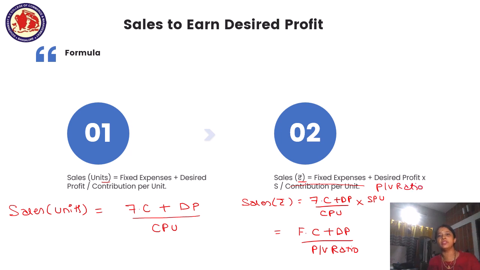So if you divide by PV ratio, you will get sales in rupees. So depending on the information, if they have given sales, then you substitute fixed cost plus this will be question mark or X divided by CPU, cross multiply, find out desired profit. If they have given desired profit, then fixed cost plus take that desired profit given divided by contribution per unit, you will get sales in units.